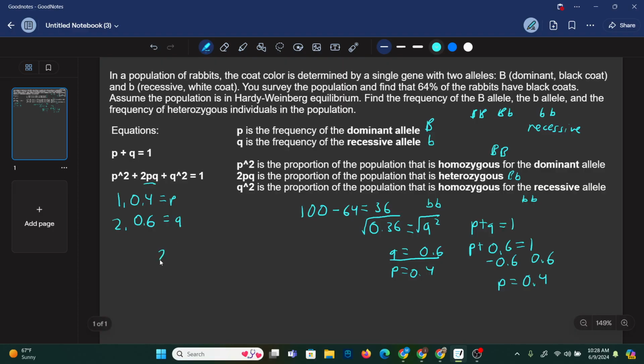So we do 2 times 0.4 times 0.6, and we get 0.48. So the third answer is 0.48.